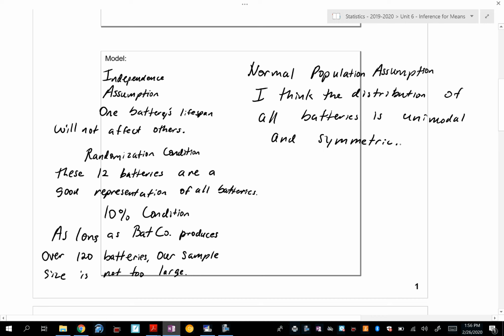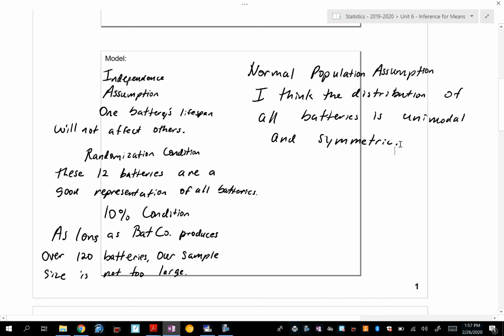And I know that sounds redundant because we're saying the normal population assumption, and then I'm basically saying I think it's normal, right? But I have to put it in context, right? The batteries. Now, I don't know if that's true because they did not give me all of the battery lifespans for all the batteries they produce.